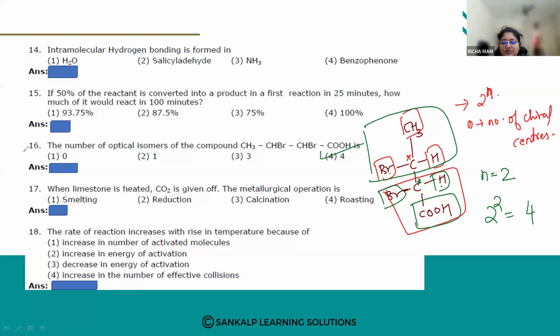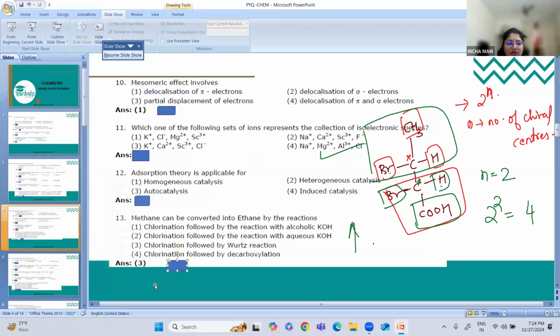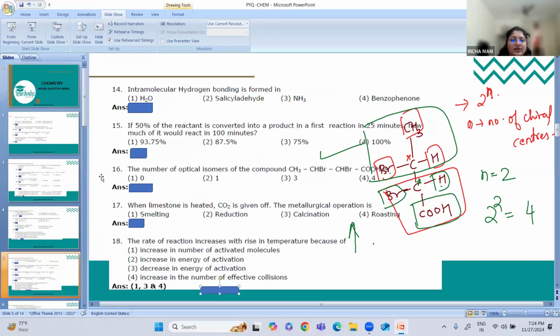So when there is a rise in temperature, the rate of the reaction also increases. What will happen? The number of effective collisions will also be more, so there will be an increase in the number of activated molecules. So increase in the number of effective collisions. I feel options 1 and 4.